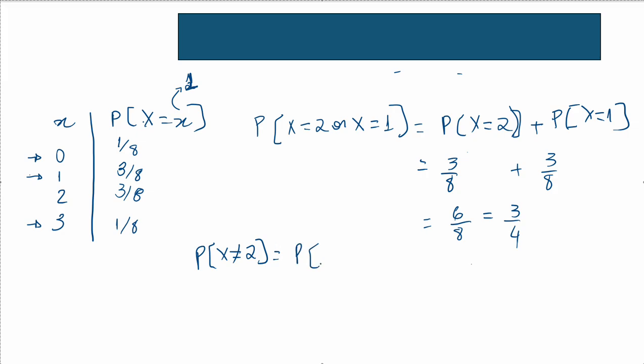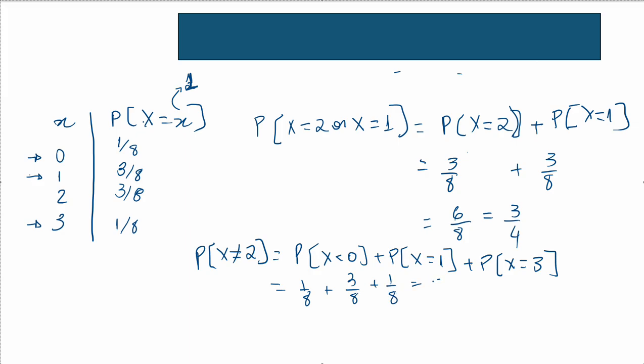So it's the probability of X equal to 0 plus the probability of X being equal to 1 plus the probability of X being equal to 3, right? All of this represents the probability that I don't have 2. And you can just sum up. This is 1/8 plus 3/8 plus 1/8. This is 5/8, right? Okay, you can do that.